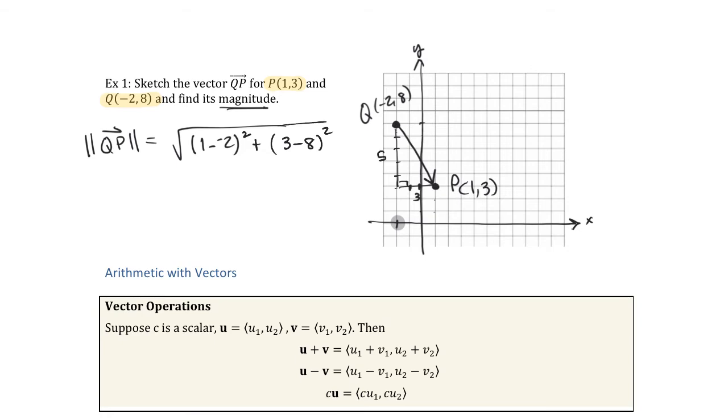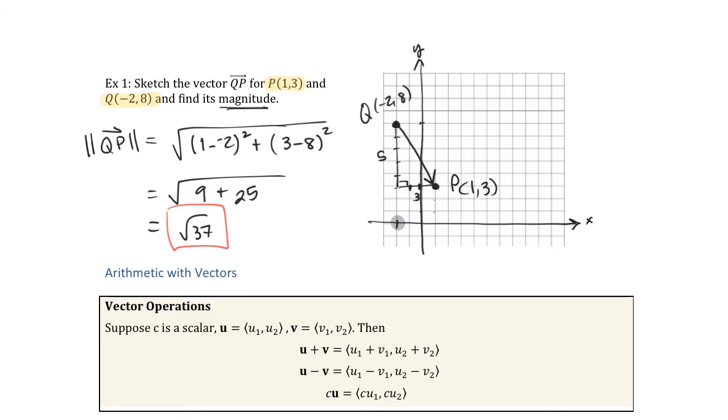And that's just 5. So then we would have the square root of 9 plus 25. So our magnitude, our length, is the square root of 34.